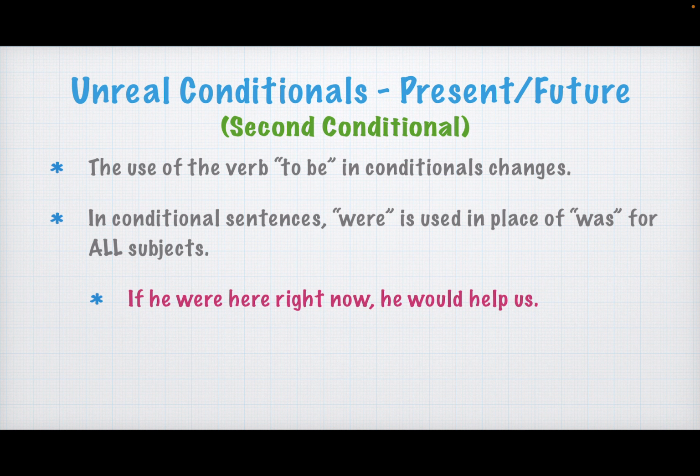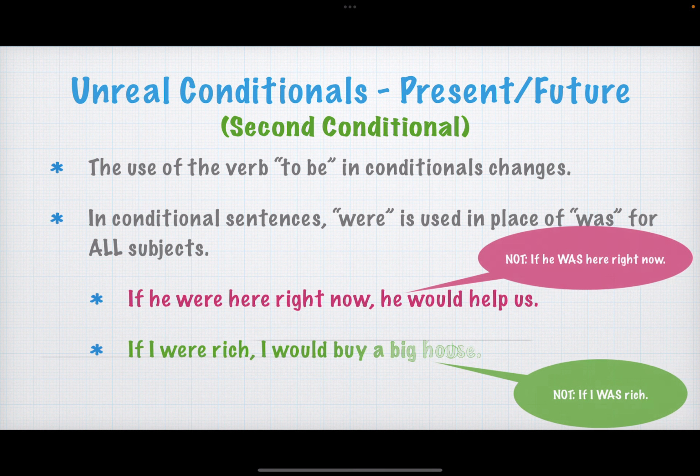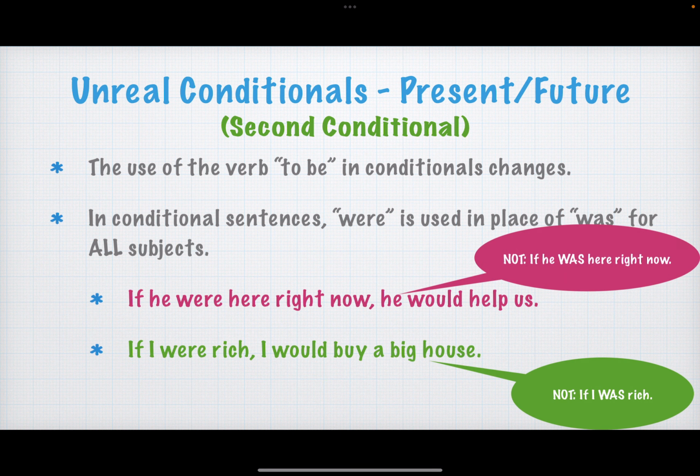Look at this example. If he were here right now, he would help us. So not if he was here right now. Or if I were rich, I would buy a house. Not if I was rich. So no was in the conditional. We use were for all subjects.